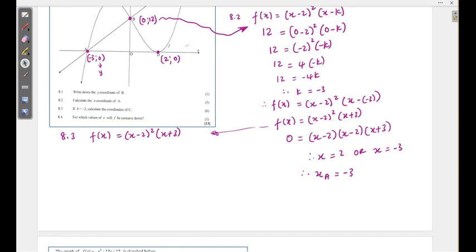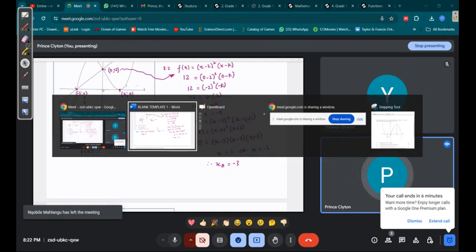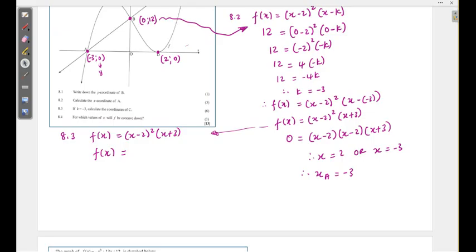Then from there we need to expand first to get it in a form we can factorize and differentiate. So x minus 2 all squared will be x squared minus 4x plus 4, multiplied by x plus 3.